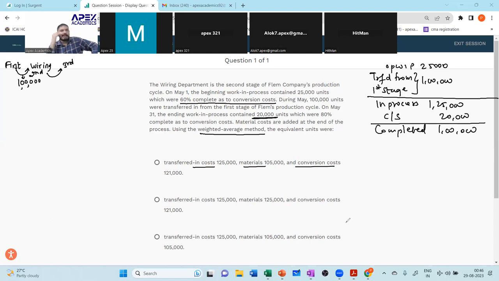There has to be a reply. Sir, is it 1,05,000? I beg your pardon, I'm so sorry. I made a stupid mistake. 1 lakh 5,000. Correct? These are completed units. Yes or no? Yes, sir.